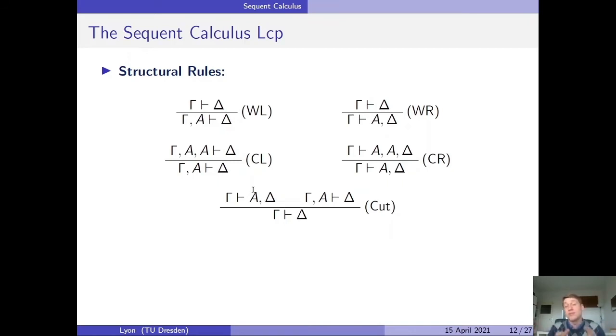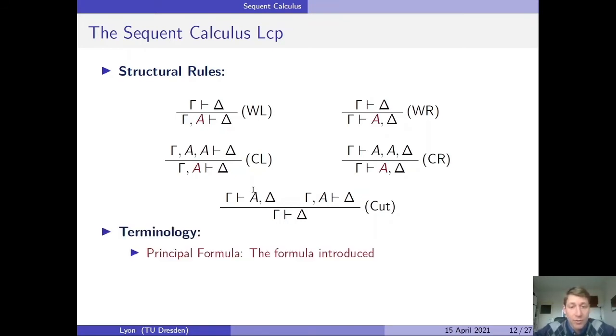Your calculus is still sound and complete relative to your logic. So that's why we include cut in the first place, but then afterwards show that it's redundant, that it's not needed to prove all the theorems that you want to prove. But it's an important rule to mention.